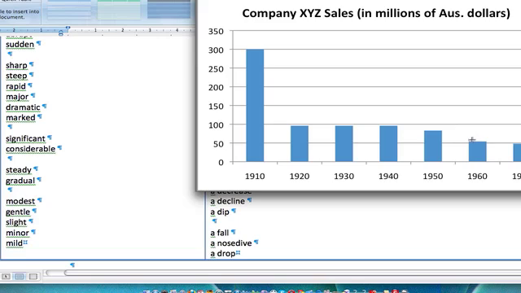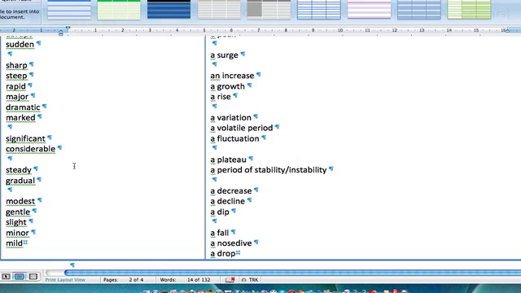Okay, here's another modest change. It's not huge. I mean, it's obviously not as big as this would be between 1910 and 1920. So we would describe it perhaps more as modest, gentle, or slight. Slight would be more, say, between 1960 and 1970. Okay, so that is my list of adjectives.